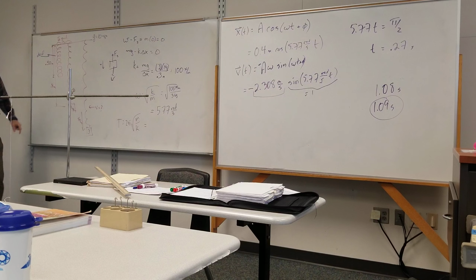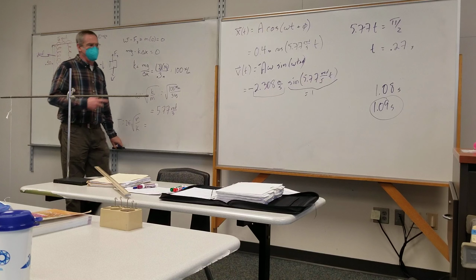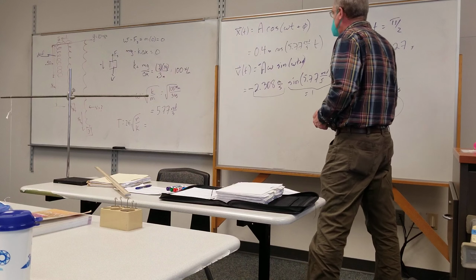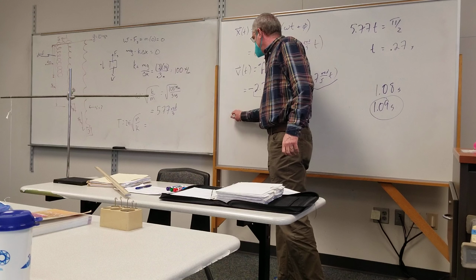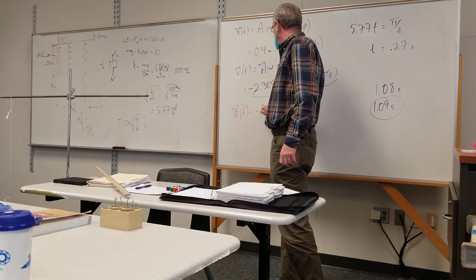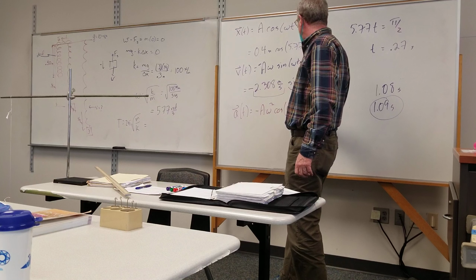So let's now figure out that maximum speed a different way. Actually, let's do acceleration while we're here, and then we'll find maximum speed a different way. My acceleration is negative A omega squared cosine of omega t plus phi.